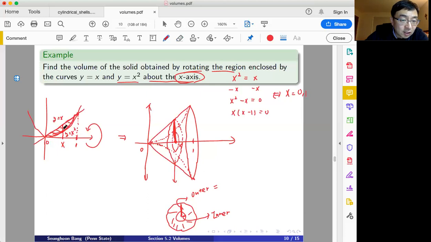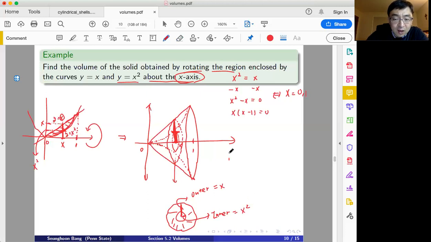So the outer radius is this one. The y value is also x, so the outer radius is x. What's the inner radius? From here to here, the inside one is only this portion. We have the y value here, y equals x squared. So x squared is the inner radius.